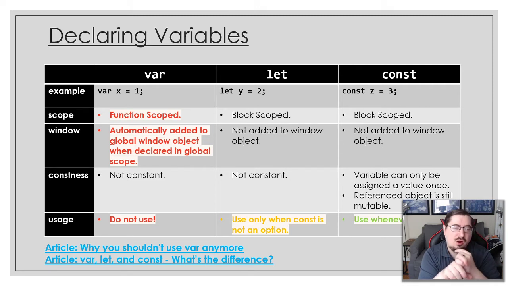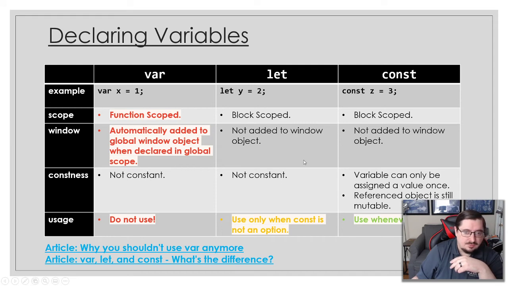And that can be a problem if I override something really important, like window.location. If I say var location is 3, I have now changed window.location to 3, and that can lead to a lot of unexpected behavior.